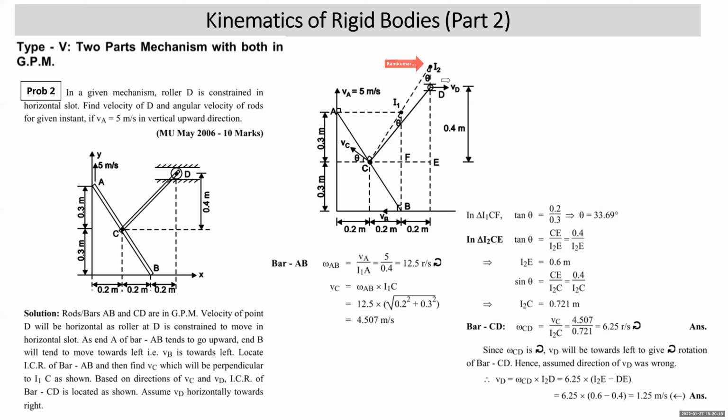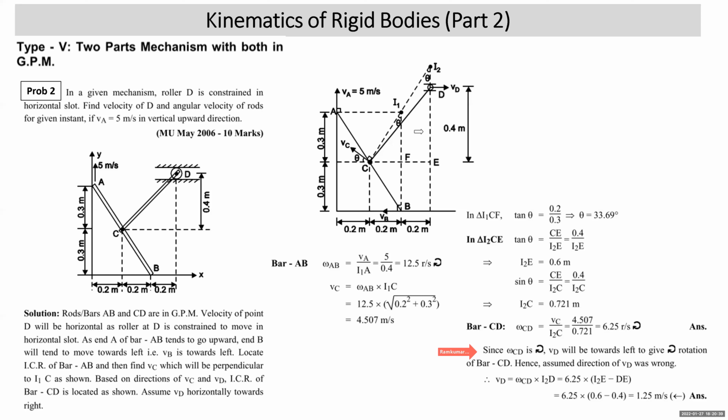So this assumed direction is wrong. It has to be to the left. No need to make any correction in the diagram; you can make it or not, that's okay. Since omega CD is clockwise, VD will be towards left to give clockwise rotation of bar CD. Hence, the assumed direction of VD was wrong. It is not to the right, it's to the left.